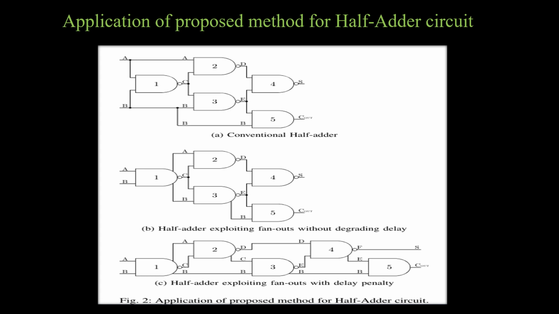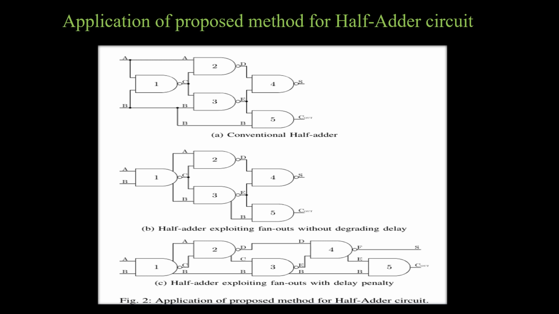It maintains the functionality of computing the sum and carry out, but rearranges the gates and connections to optimize signal paths and reduces the potential for delay introduced by gate loading. It aims to increase efficiency while maintaining speed.